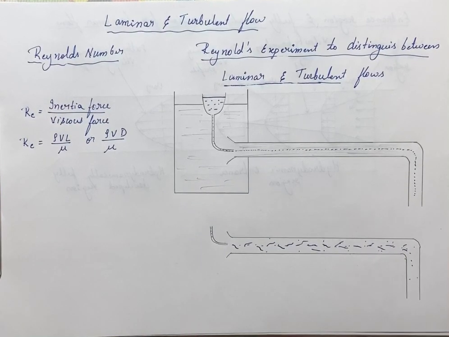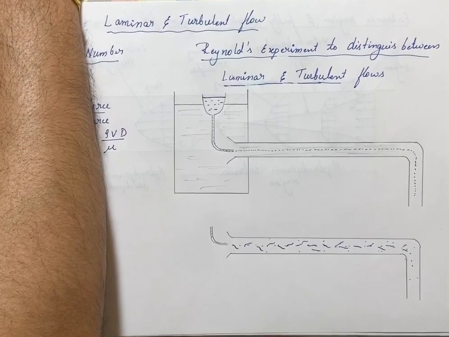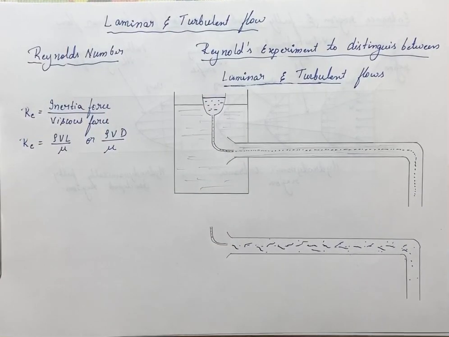Right. This laminar and turbulent flow was demonstrated by a famous scientist called Reynolds in 1883.